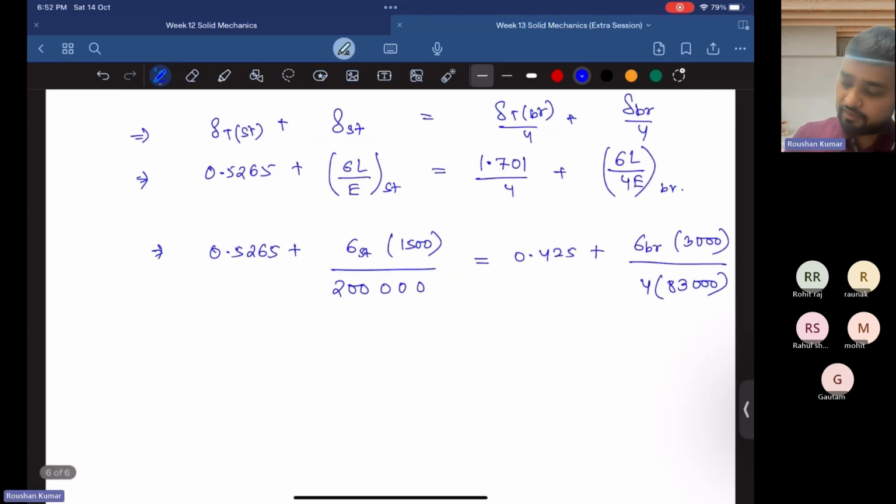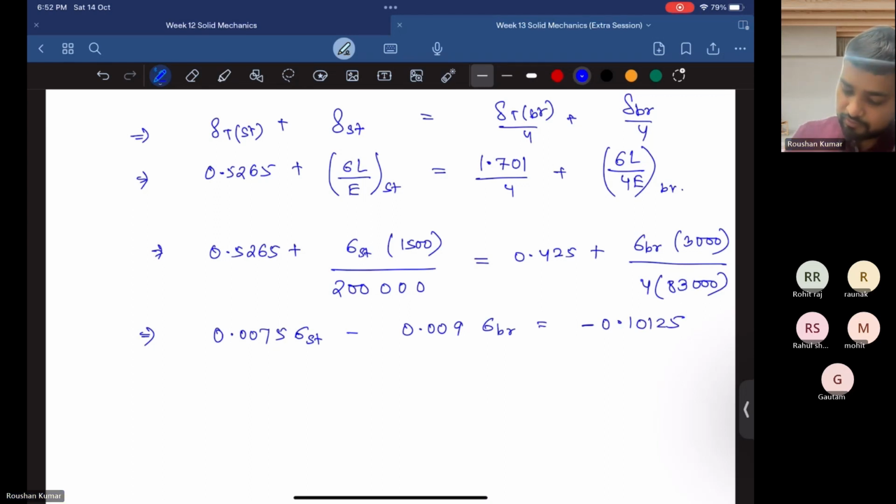If we calculate this, the final value comes out to be 0.0075 sigma of the steel minus 0.009 sigma of the bronze equals minus 0.10125.